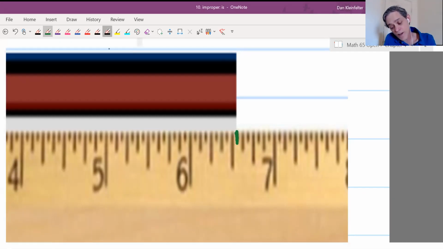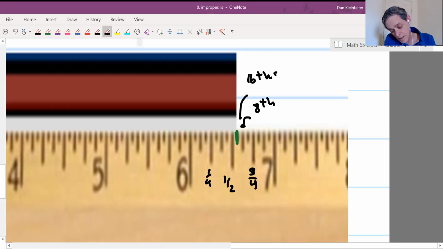So we've got to figure out what that mark represents. This is the half mark. And then the next length down is going to be quarters. So these are the quarters, and this is going to be 3/4. The next division down is eighths. And the one that I've marked in green is going to be 16ths.